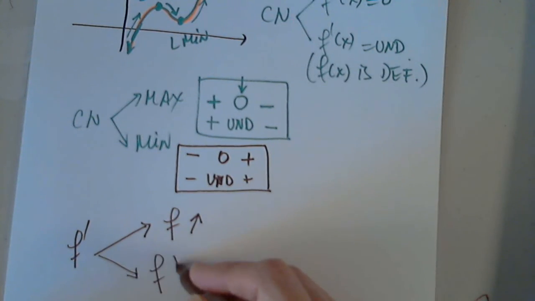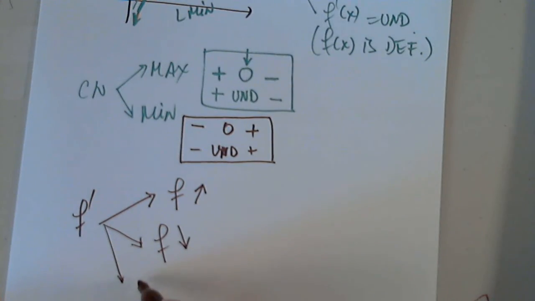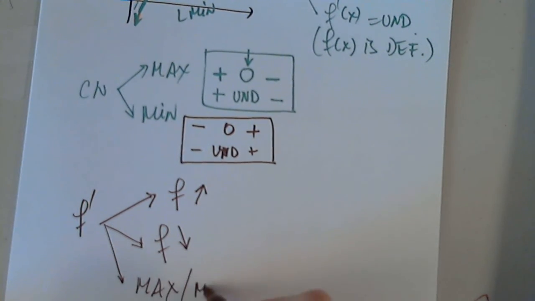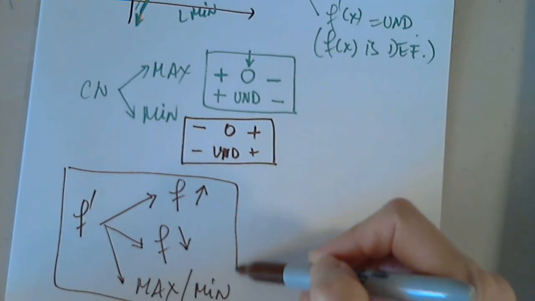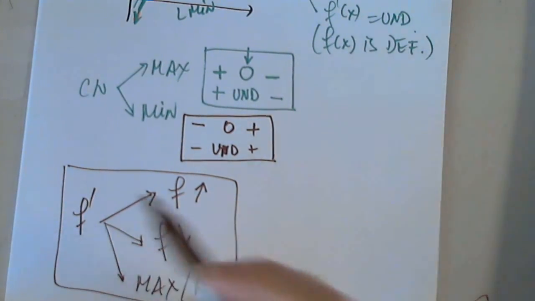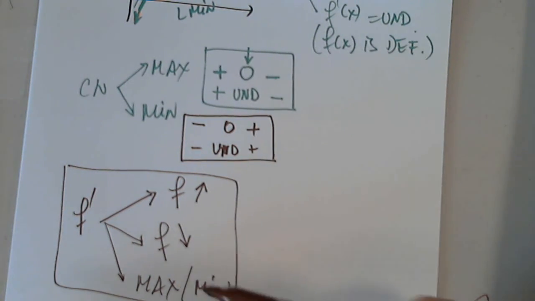It tells us when the function is decreasing. And it tells us where the function has a max or a min. This is what we learn about a function from its derivative.